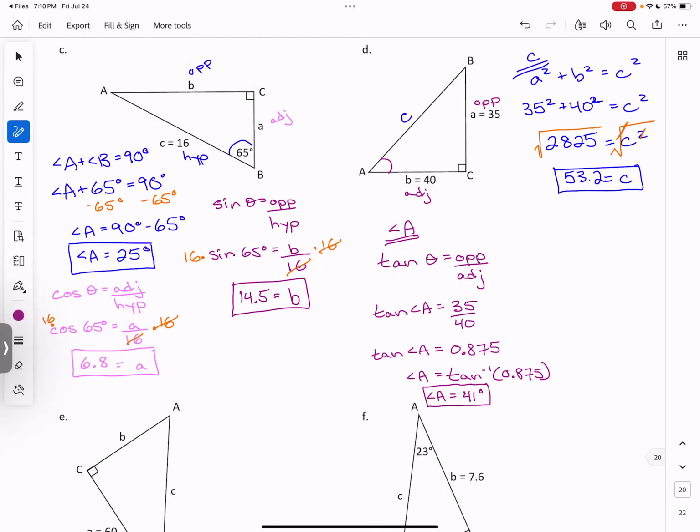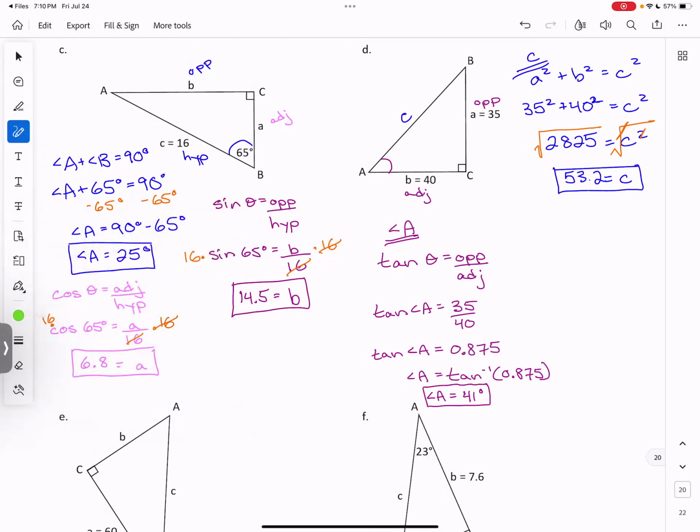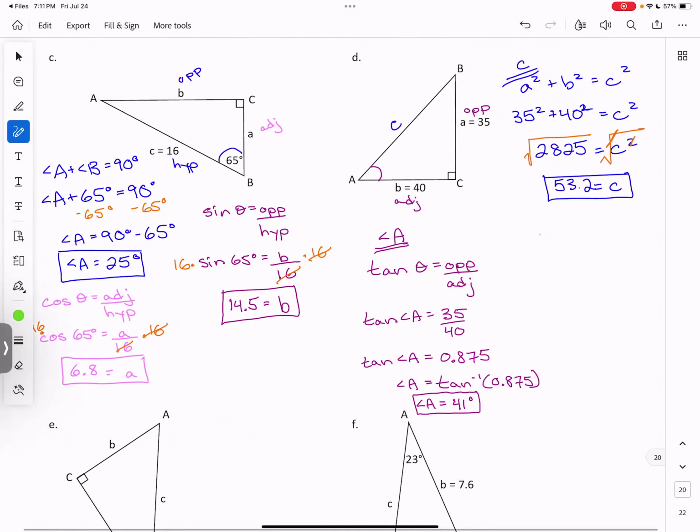And last but not least, I need angle B. We can calculate angle B because we know angle A and angle B together have to add to 90 degrees.